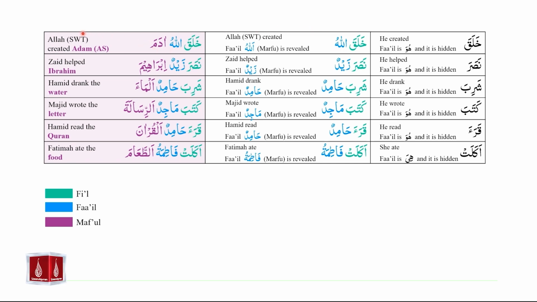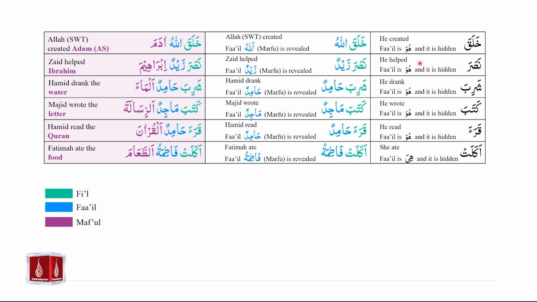Allah subhanahu wa ta'ala created Hazrat Adam alayhi salam. In this example, we are clearly seeing that there is the one performing the action, that is Allahu. We can identify Allahu as Fa'il because Allahu is marfu. Adama can be identified as Maf'ul because Adama is mansoob. We are not going to say Adaman because the name Adam is ghair munsarif.